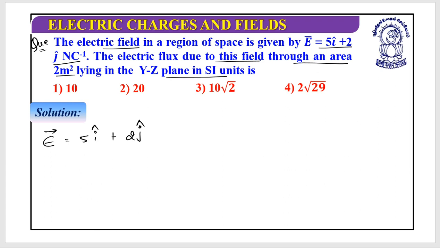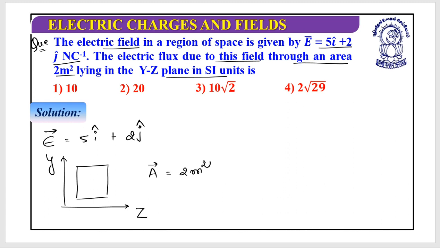So this should be something like this. This is Y plane, this is Z plane, and this plate is given, and its area vector is given as 2 meter square. Now what about its direction? Yes, this is in YZ plane, so area vector would be in i cap.